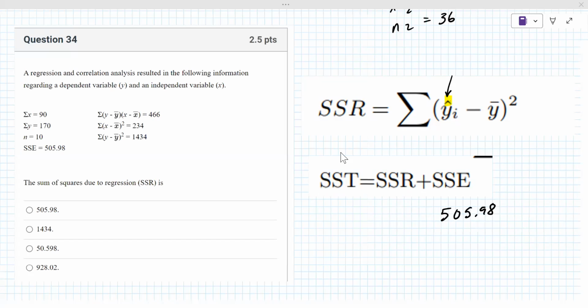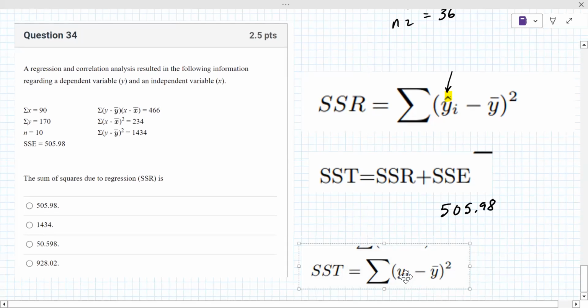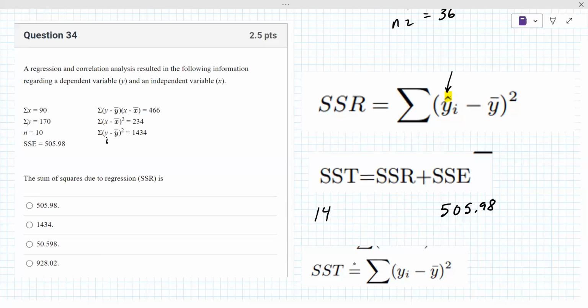Here's the way to find SST. It's the summation of yi minus y bar. And you could sit here and argue with me, and you'd be right, that that does not have a yi, but it should. So SST is 1434.